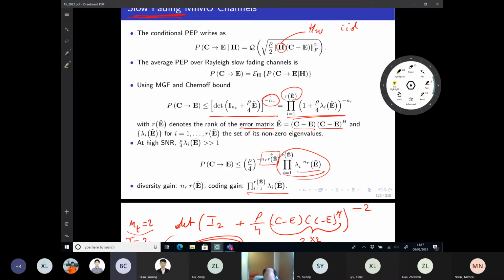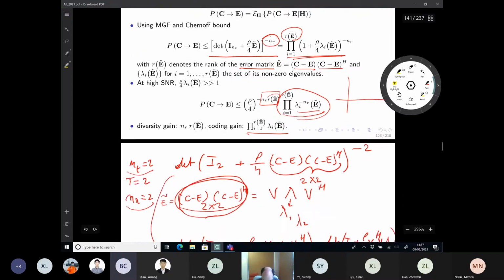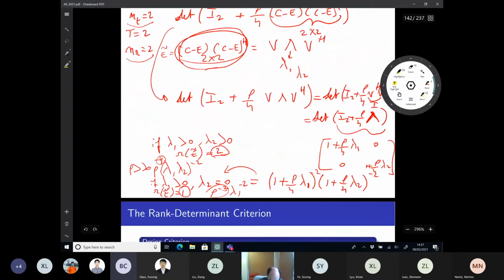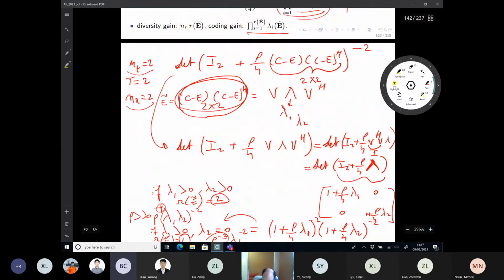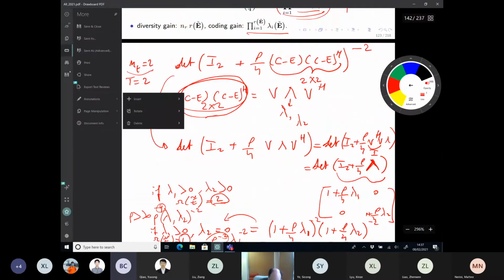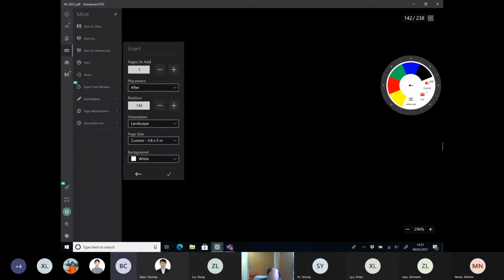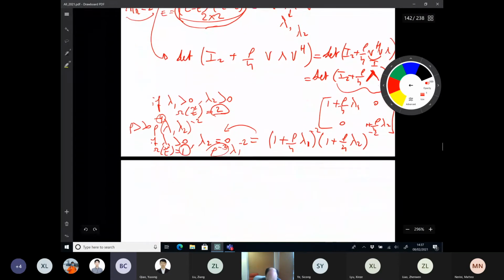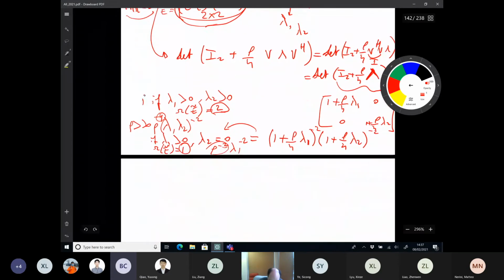So if you maximize the rank, in the example here, if I have a rank of 2, let me change color or page. Right, so if I continue here, if I have those two examples, and I look at this as a function of the SNR rho: in this case I have a rank of 2, so I have a diversity gain of 4.